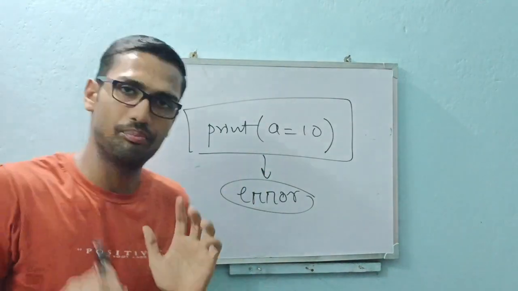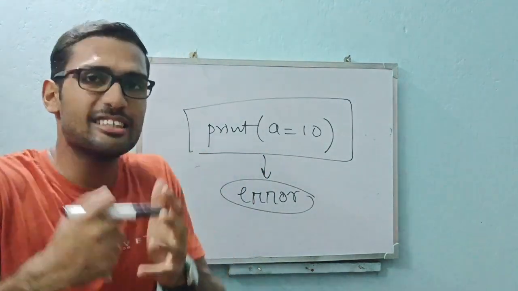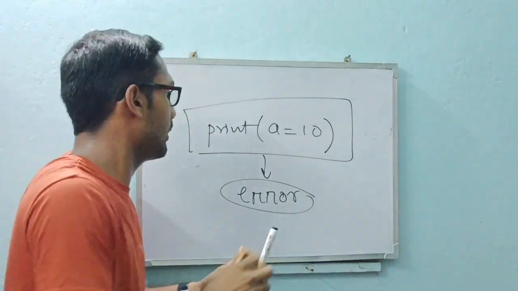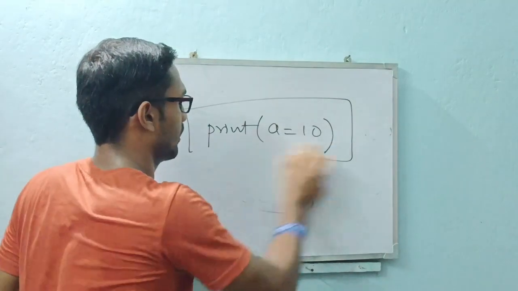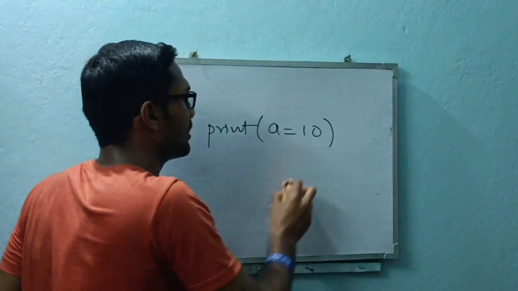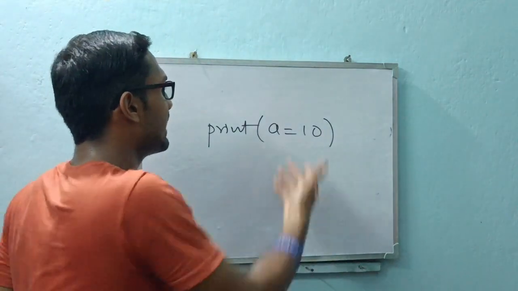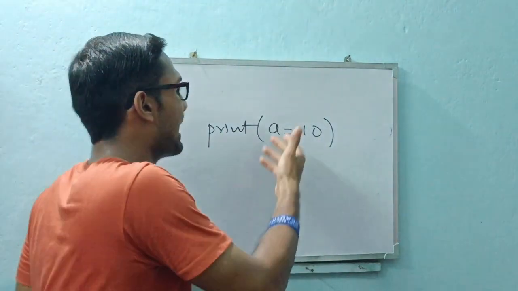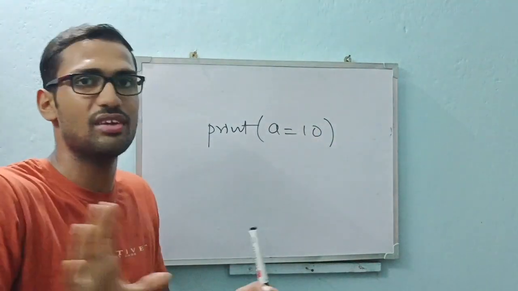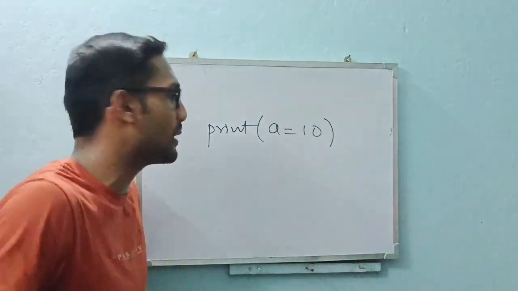Now the second point: if you pass an expression, you will get an output. So how will it work, let's see. Right now I am discussing the second functionality. The first functionality is that whatever you pass as a statement, you will get an error. So a full-fledged statement, an instruction, you cannot pass.